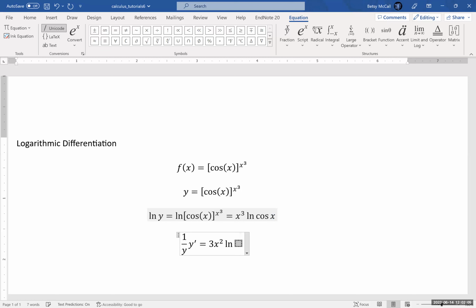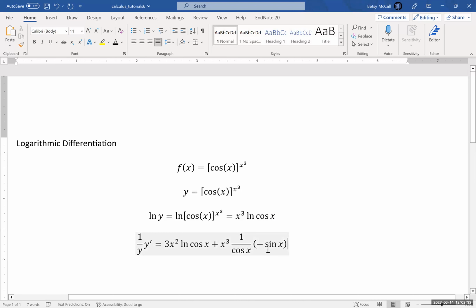And we can't really do a lot of simplifying in this case. We could write this as negative x cubed sine x all over cosine x. We could transform sine x over cosine x into cotangent x.